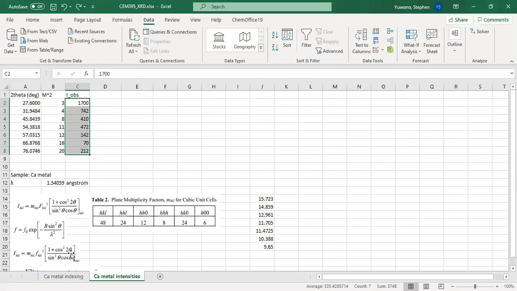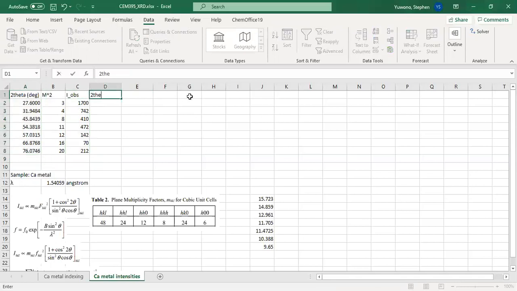First, if we check this equation, we see that we will calculate a lot of cosine and sine, so it's not a bad idea to convert 2 theta into radians and also calculate theta. So let's do that. 2 theta in radians is going to be radians of the angle.